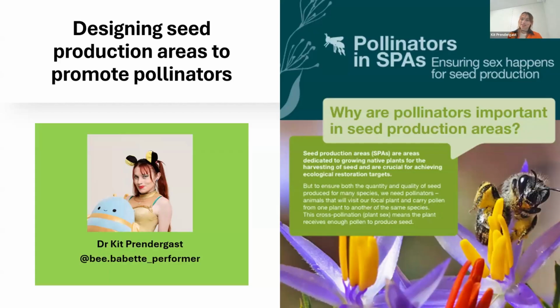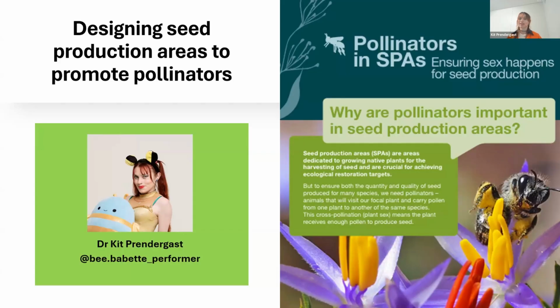So seed production areas are something that are so important for restoration. There's a lot of research on producing seed for agricultural reasons, but seed can also be produced for restoration, whether it be restoration of areas after they've been mined or restoration along roadsides and to restore areas with native vegetation.